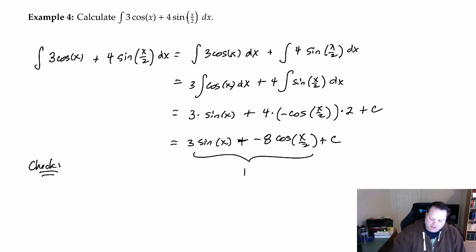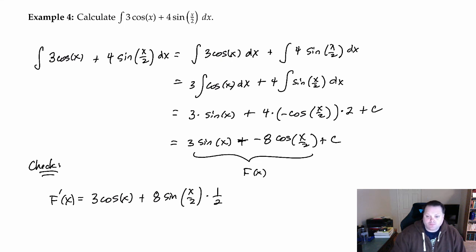So this is the function f of x. Let's do our quick check. The derivative of f is 3 sine becomes 3 cosine. The derivative here, negative 8 cosine, is minus sine, but you already have a minus. So this is going to be plus 8 sine of x over 2, but then times 1/2 because of chain rule.